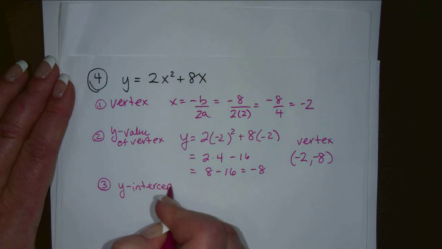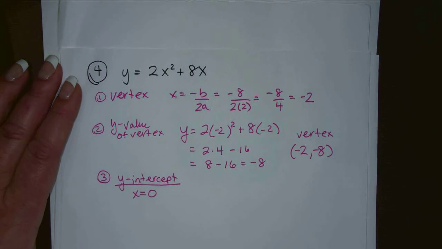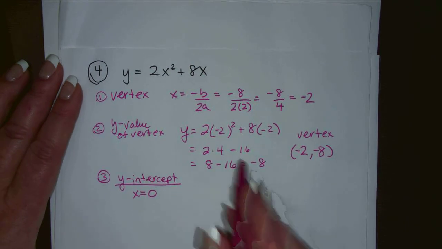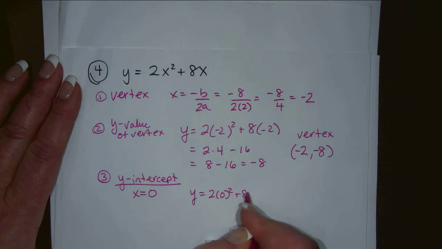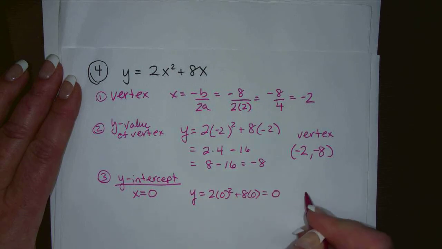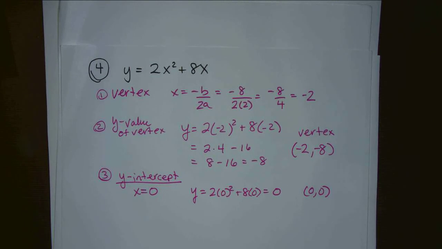That's the easier ones. We let x equal 0. What do we get? 0. 0, 0. So it just means that it goes through the origin. Now what about the x-intercept?